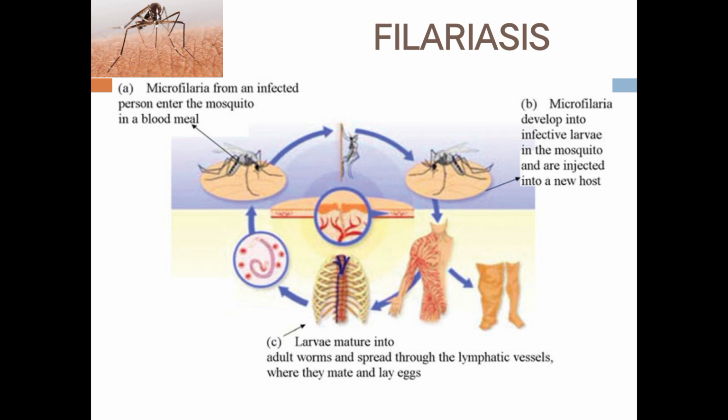The larvae mature into adult worms and spread through the lymphatic vessels where they mate and lay eggs. For example, if mosquitoes bite your skin, many things can happen, like getting dengue.